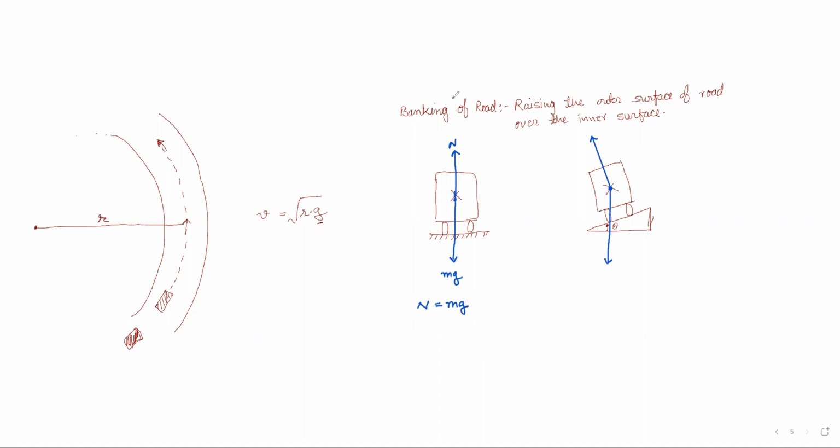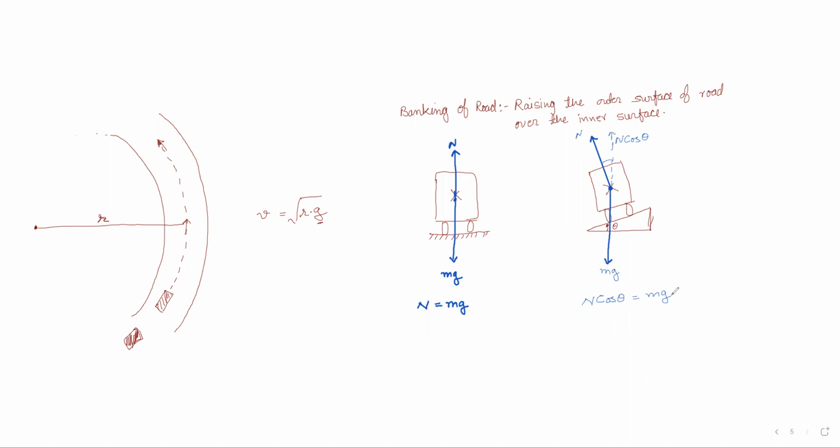Here the weight mg is balanced by one of the components of this normal reaction N, and that component is N cos theta. So we get our first equation: N cos theta is equal to mg.